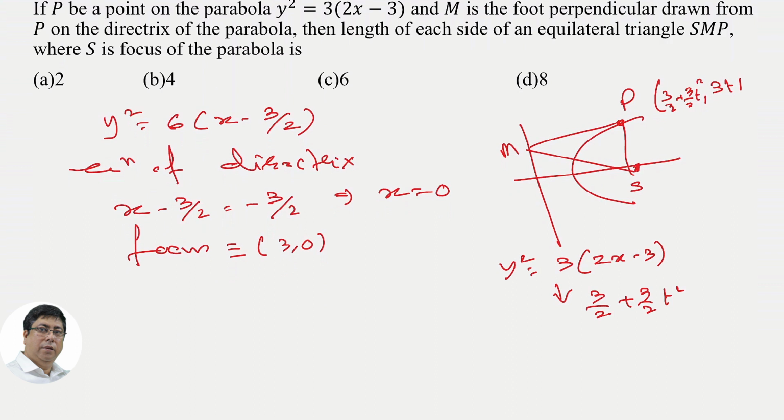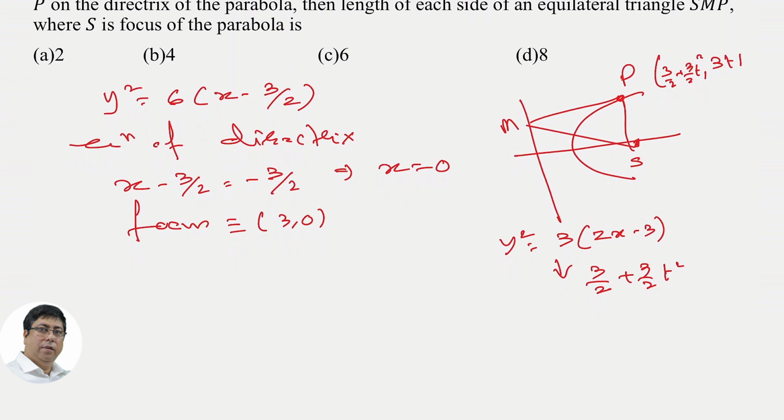After getting this result, let us find the value. So the coordinate of M, since we are dropping the perpendicular to the directrix, is (0, 3t), because the directrix is x equal to 0, it means the y axis is the directrix, therefore the point M is (0, 3t).